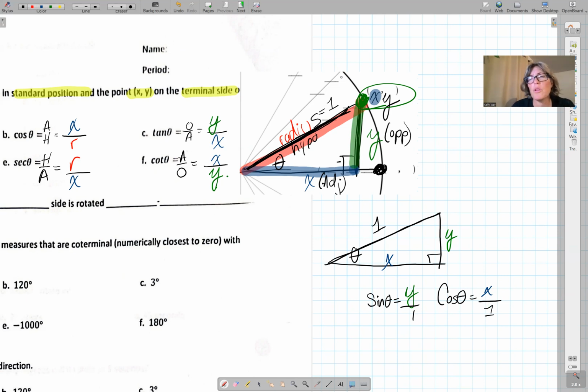So when you're dealing with a unit circle, the point x, y, x is essentially whatever cosine of theta is, and y is sine of theta. See how that gets replaced? Obviously, this substitution is only when you're dealing with a unit circle.